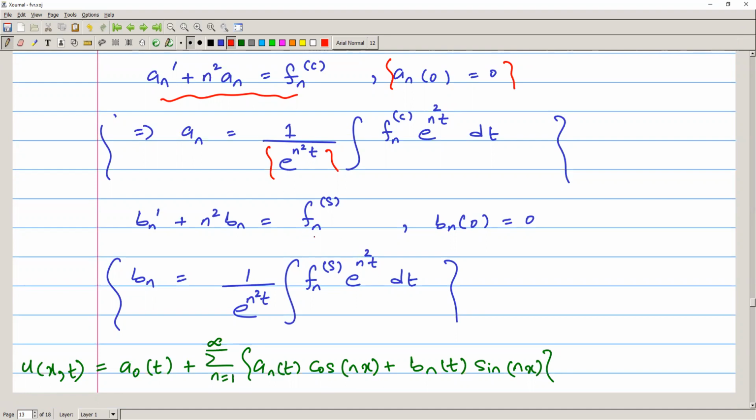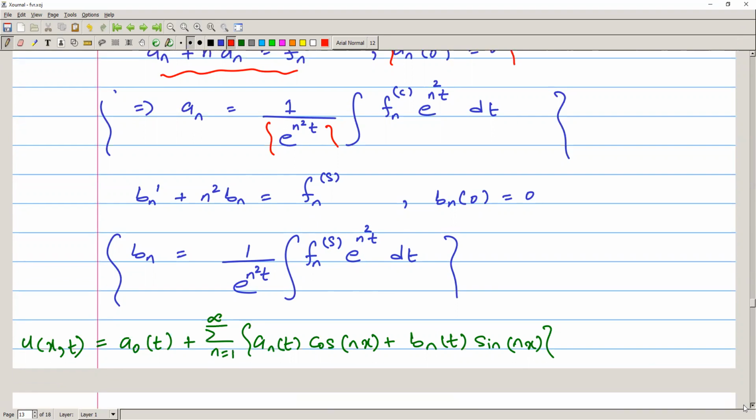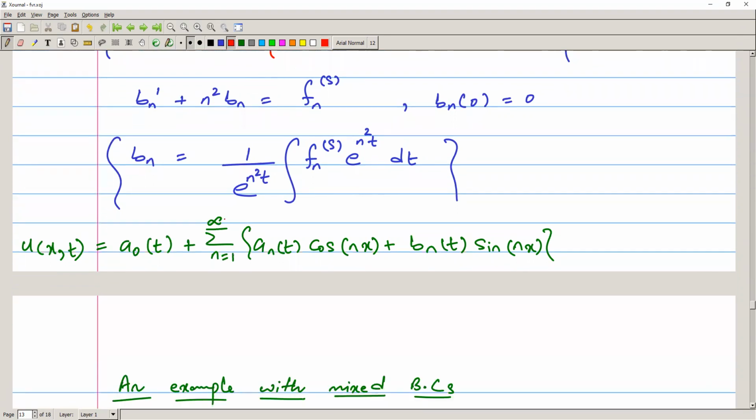So we will solve these integrals for whatever function is given, that is the heat source. If the heat source is given, then we can calculate this fns, fnc, and f0, right? So in this manner, we can generate the solution for this particular problem.